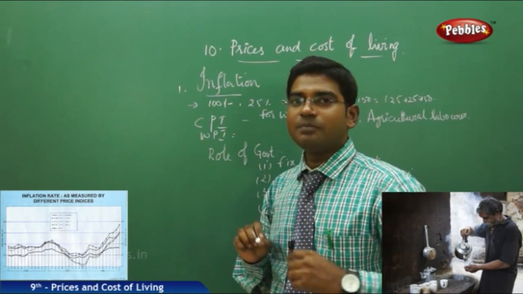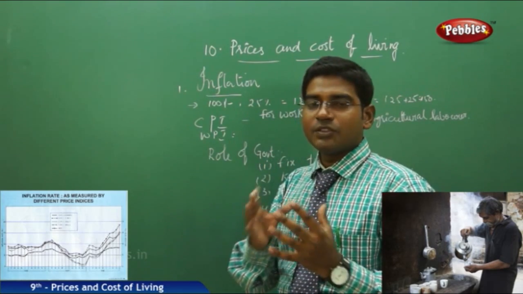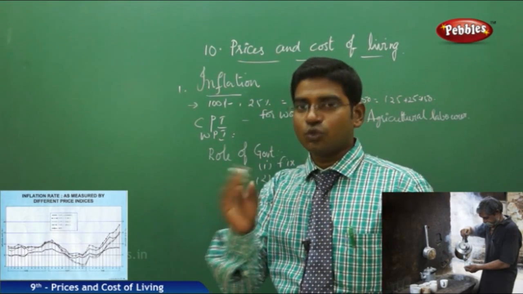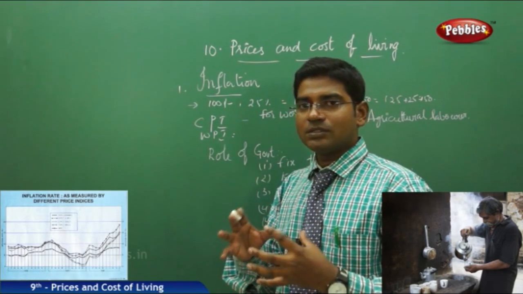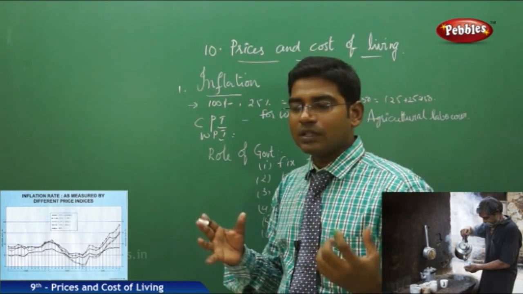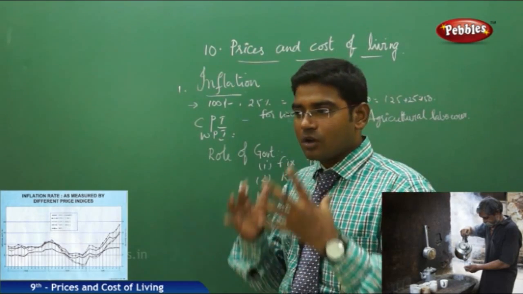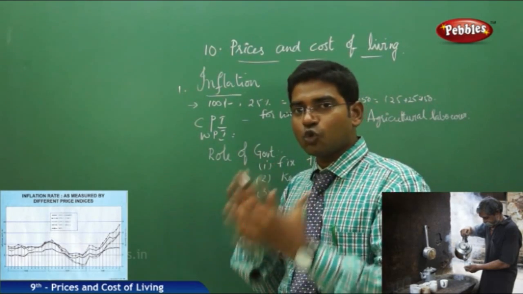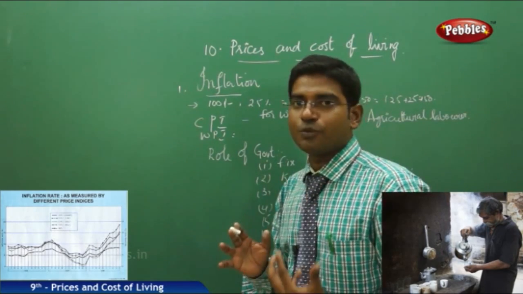The word inflation means that too much money chases too few goods, which means the amount of money we have is too large and the items you get are very few, which means the cost of the products has increased so much that more money has to be spent to get few products.